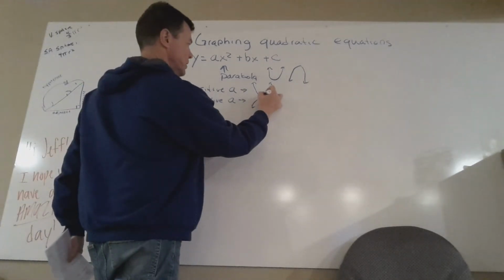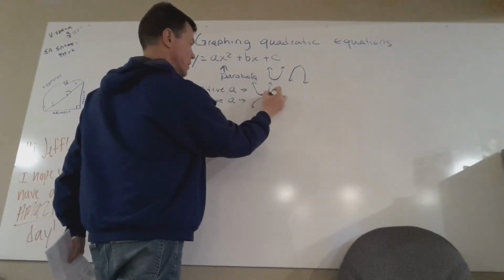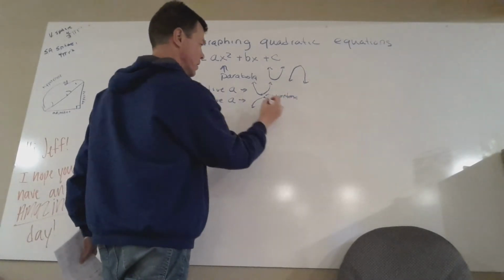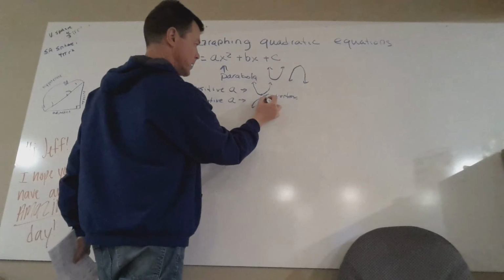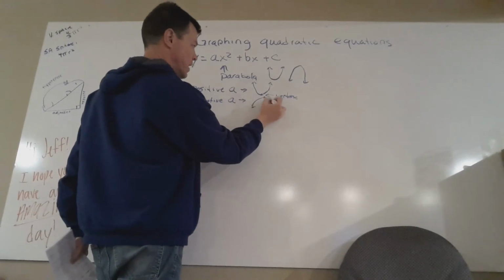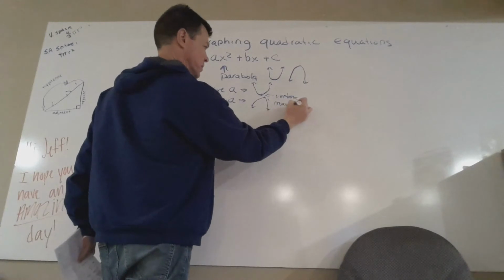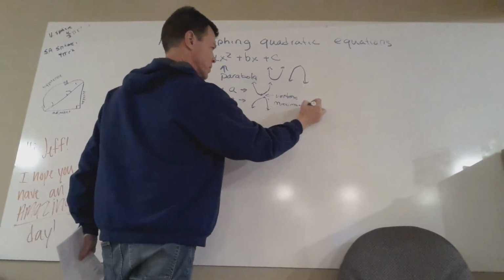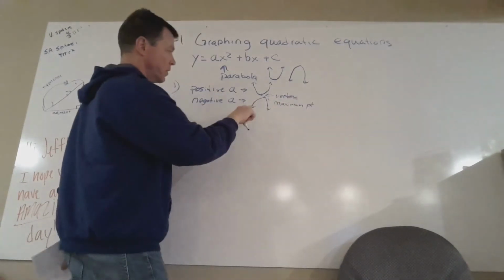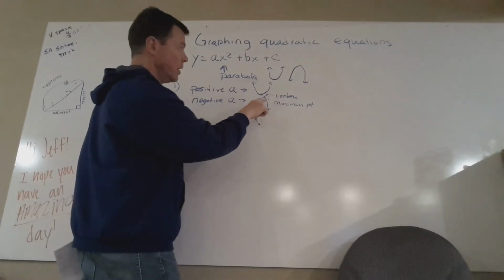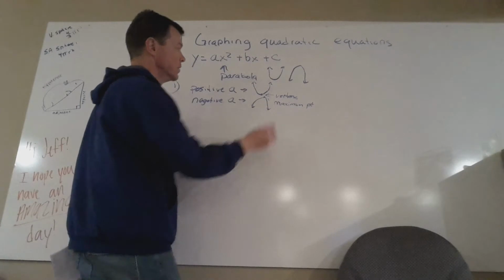On both of these, that is your vertex. The only difference with this vertex is that that is a maximum point. If we were working our way this way, we'd get to a certain point, that would be the maximum, and then would continue back down.